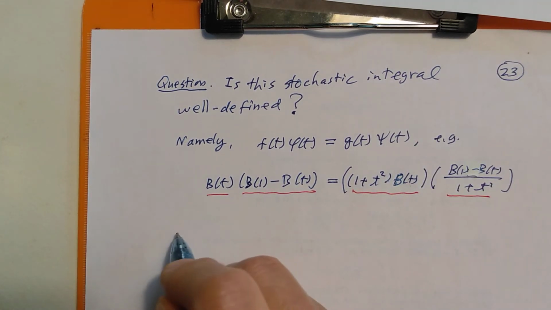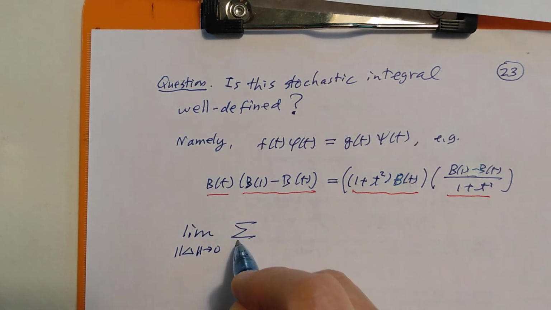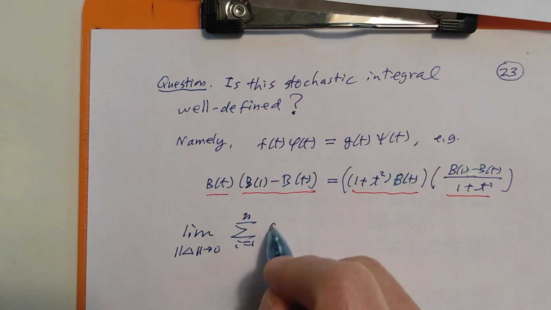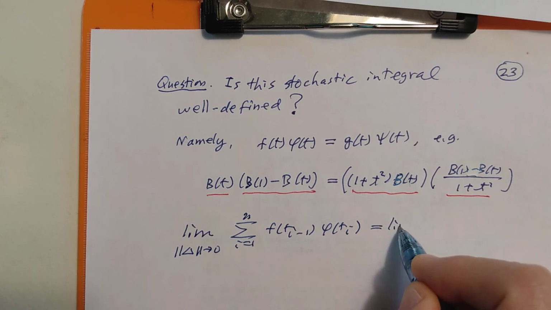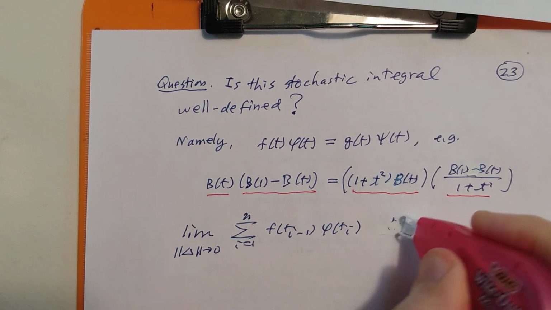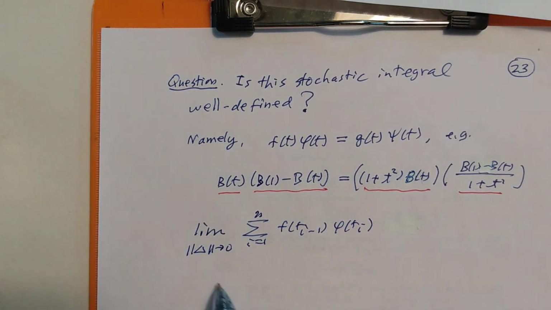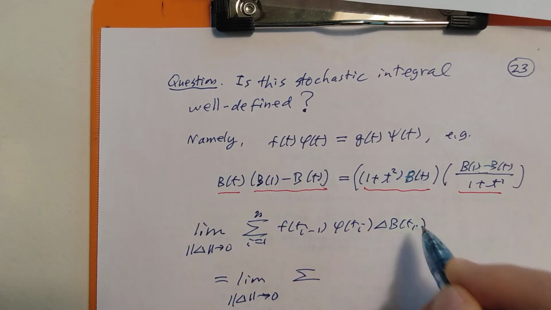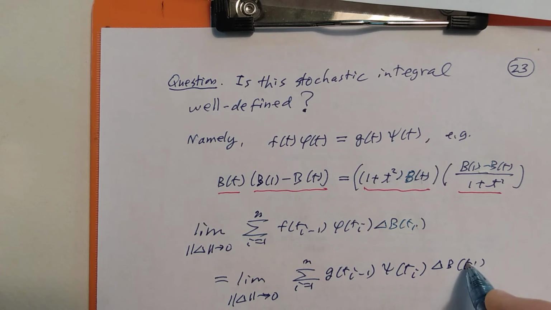And then the question is this, whether the limit as the mesh goes to 0 of the summation i from 1 to n of f t i minus 1 and phi t i, times the Brownian motion increment, equals the limit of the summation of g t i minus 1 psi t sub i, times the Brownian motion increment. Whether the limits are equal.